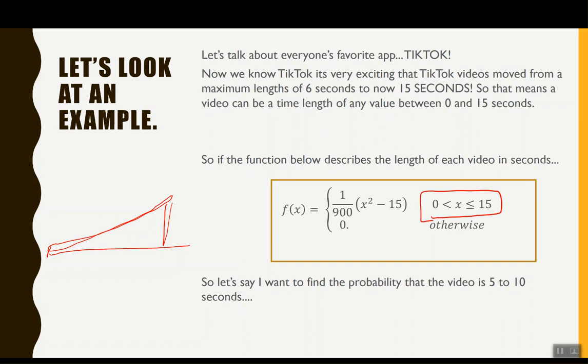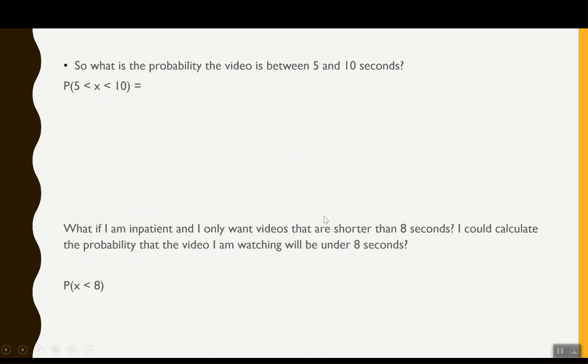So let's say we want to figure out what's the probability that when I open the app, I find a video that is between 5 and 10 seconds long. So in our graph, that would be something like finding the area between 5 and 10 seconds. So I'm looking for this area between those two values. So let's use calculus and let's use an integral to help us find that.